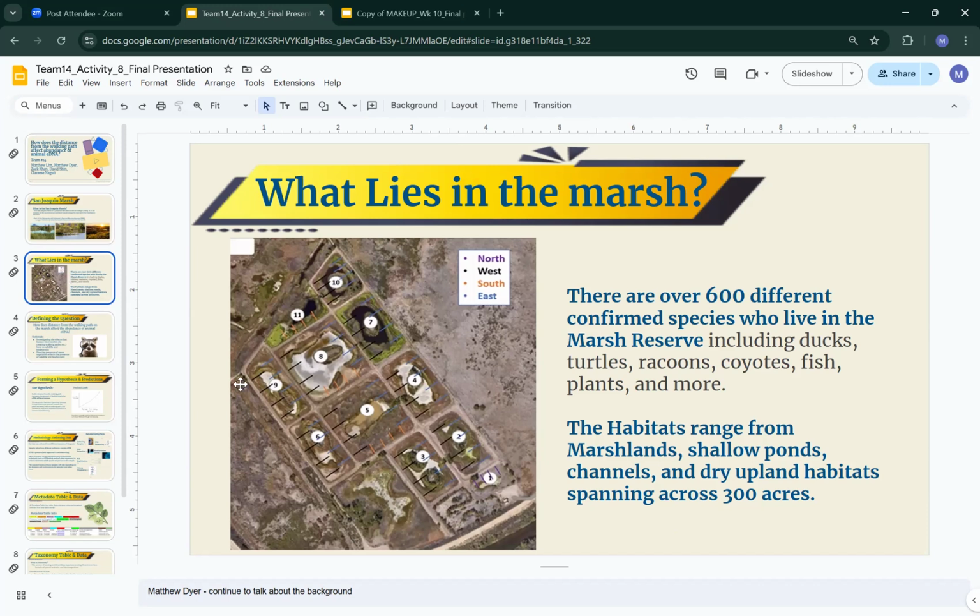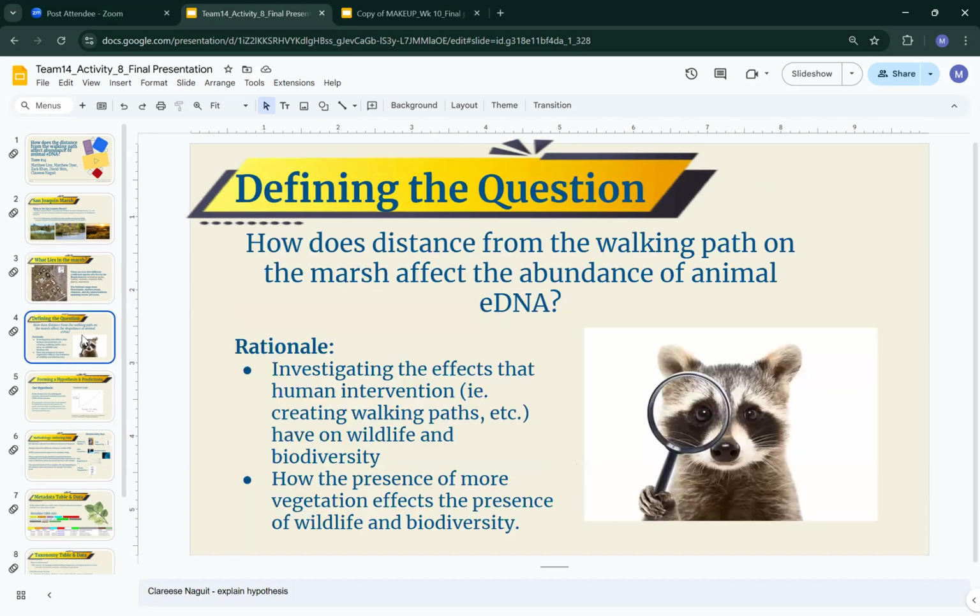And for our experiments in here, there are different walking paths, and then there are different types of pods, which are mainly for research. And then the question is, how does the distance from the walking path on the marsh affect the abundance of animal eDNA?